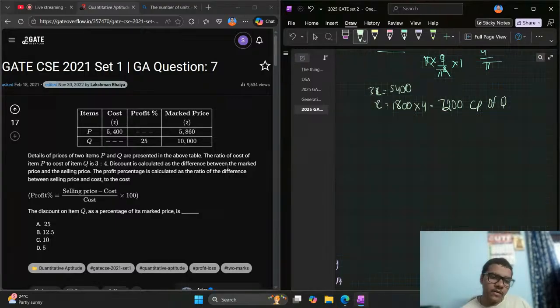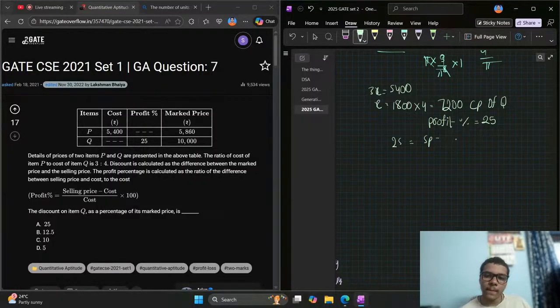Profit percentage is given as 25. Discount is the difference between market price and selling price, so we need the actual selling price. So 25 is equal to SP minus cost, over cost, which is 7200, times 100.